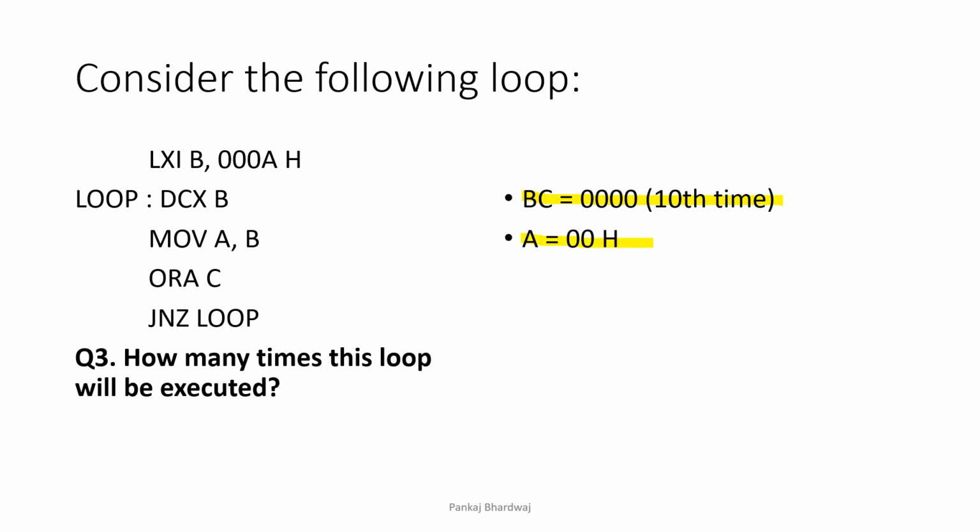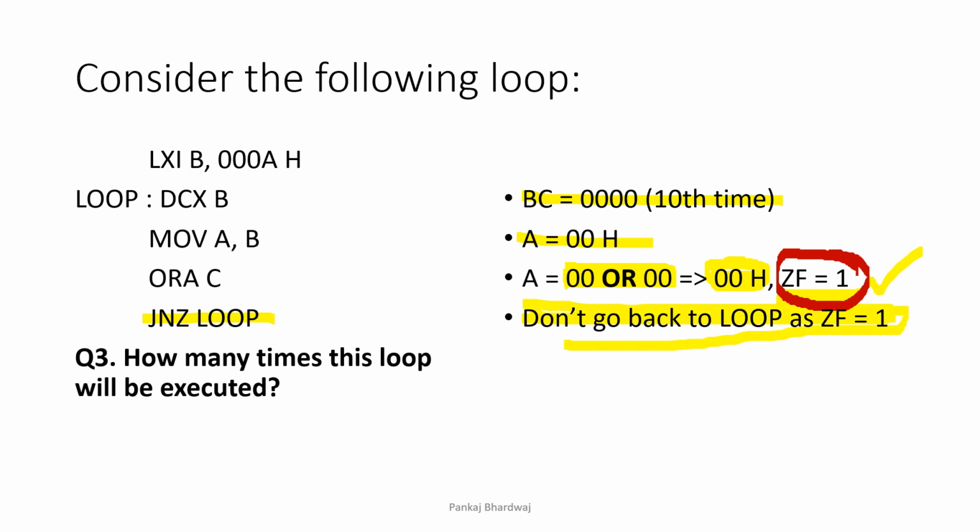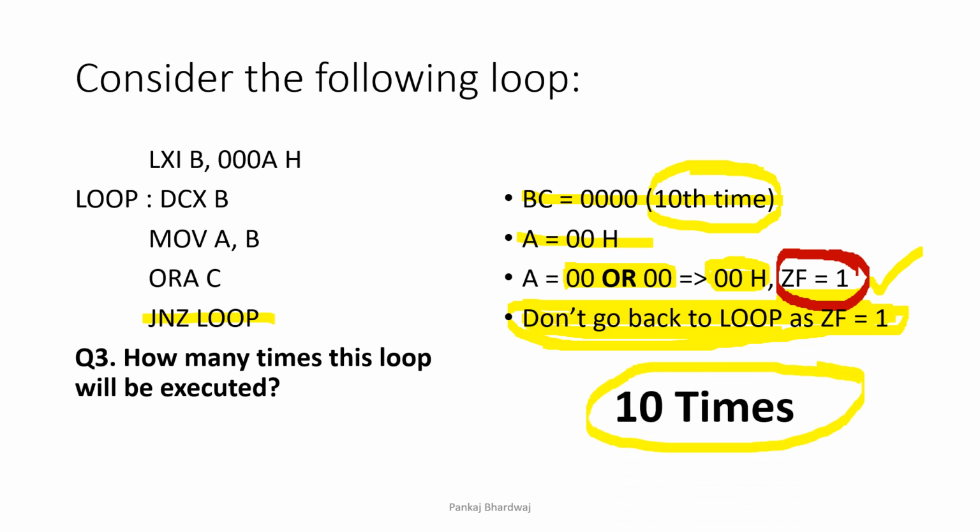A will be 0, C ORed with A, that means 0 OR 0, so now the content of the accumulator will become 0 and the zero flag is now set. When the zero flag is set, the next condition JNZ loop does not go back to the loop as ZF equals 1. So the number of times the loop runs is the tenth time. The total answer is that the loop will run 10 times.